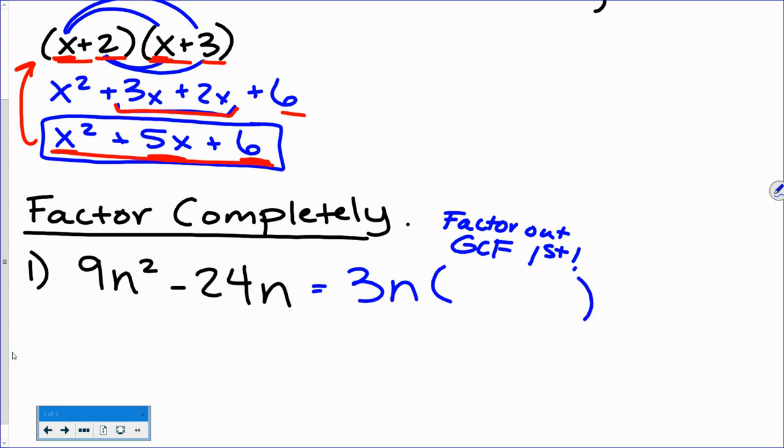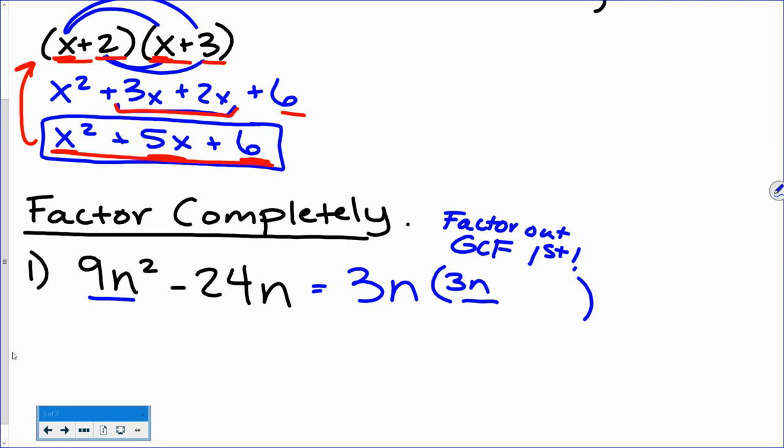And then I put what's remaining inside of my parentheses. When I factor that out, it's kind of like division. I'm not truly dividing by 3n because I'm not getting rid of the 3n. So sometimes I think of it as more of a multiplication. 3n times what would have given me 9n squared? Well, 3n times 3n is 9n squared.